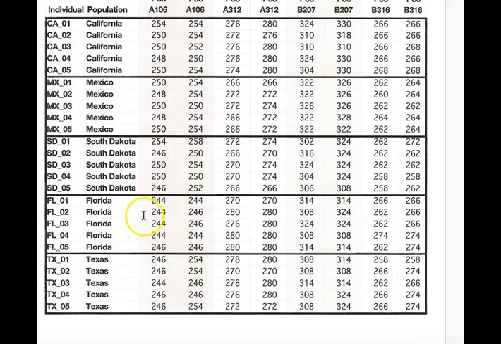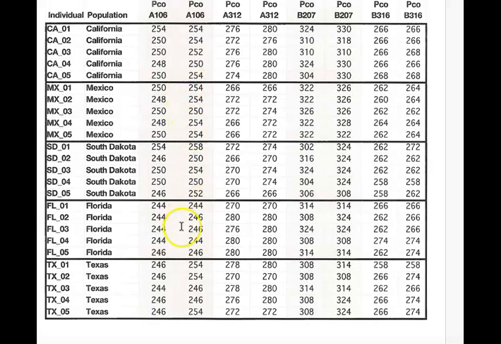So what I'm going to show you is Florida and Texas are probably the most closely related. They have the smallest distance in their allele frequencies, meaning like the 106 is generally either 244 or 246, where up here you've got 250s and 254s thrown in. Here, another one, same thing. You've got 240s, 246s.